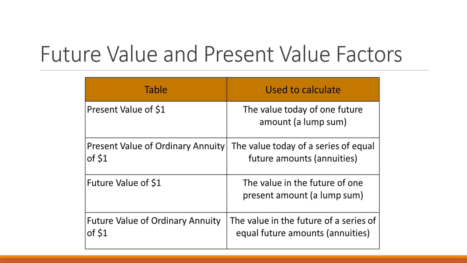And then the future value of an ordinary annuity, the value in the future of equal payments. If I put away $600 a month towards retirement and my retirement account earns this much rate of return, how much is the value of my retirement account going to be in 20 or 30 years when I decide to retire?